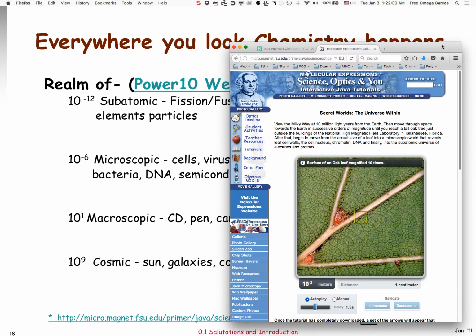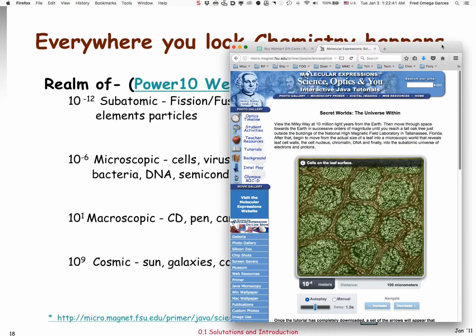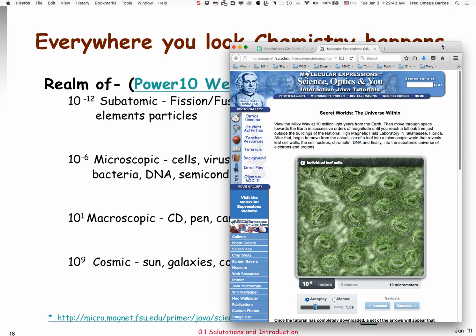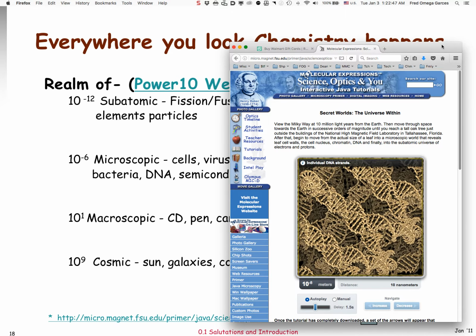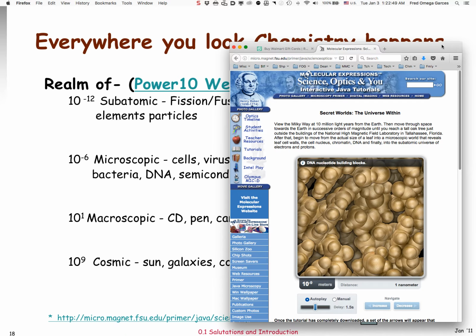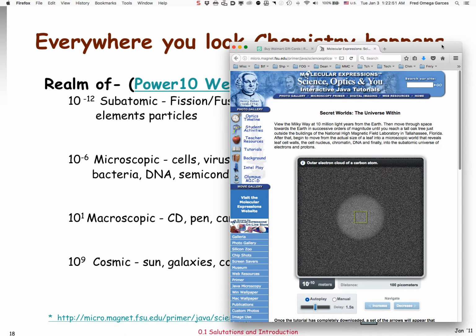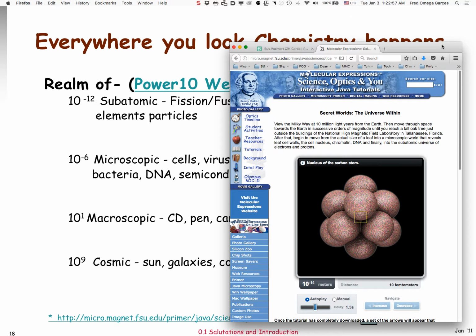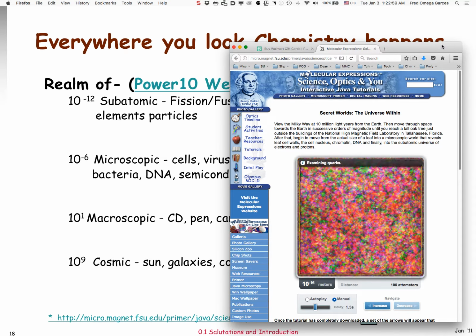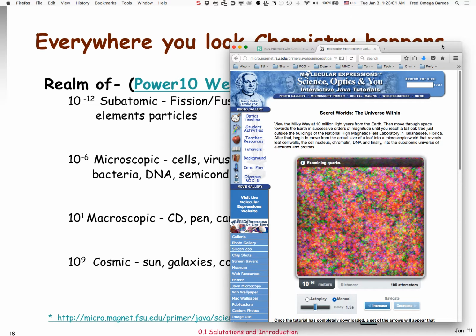Now we're about the size of a centimeter. Micrometers. We're now the size of a nanometer and the size of a picometer. Now we're going to the interior of an atom. 10 to the minus 16.